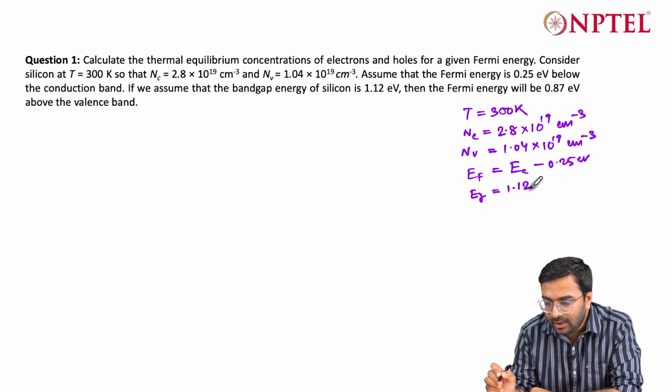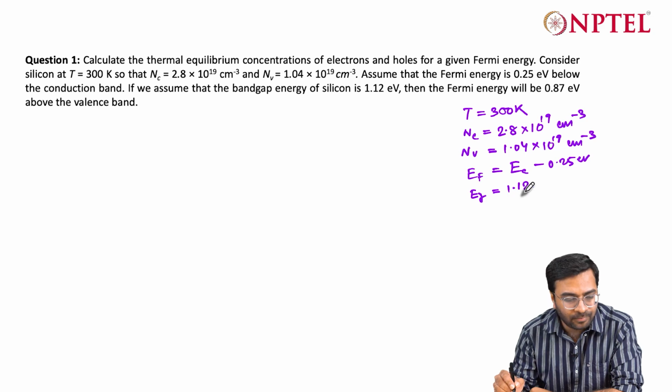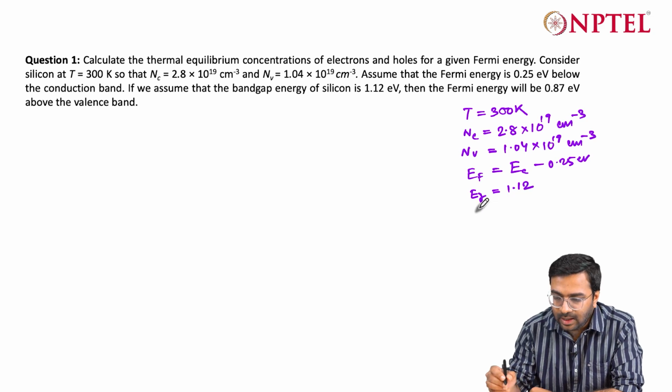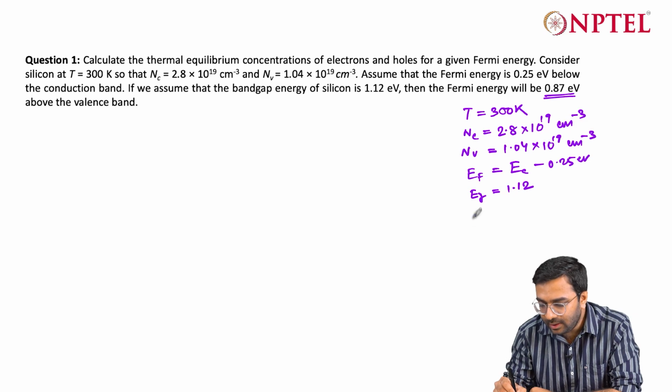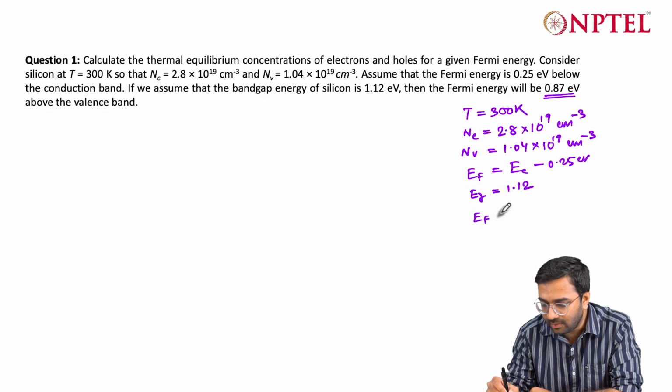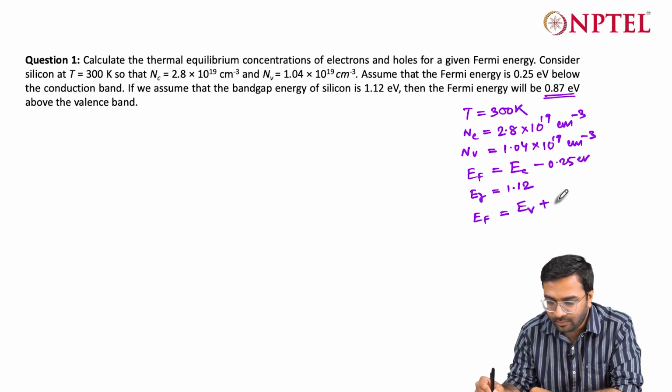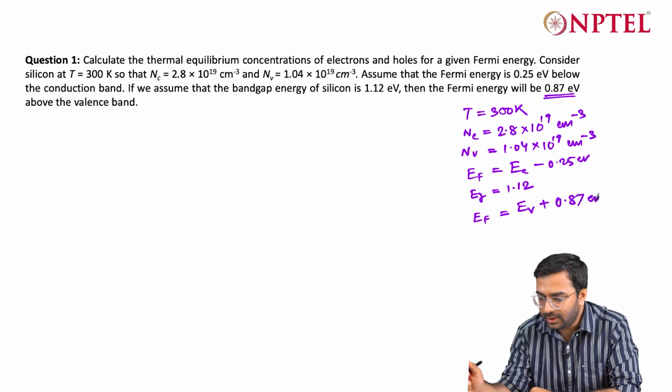And then if this is the case, your Fermi energy also can be given as 0.87 electron volt above the valence band, meaning your Fermi energy can also be given as EV plus 0.87 electron volt, right.